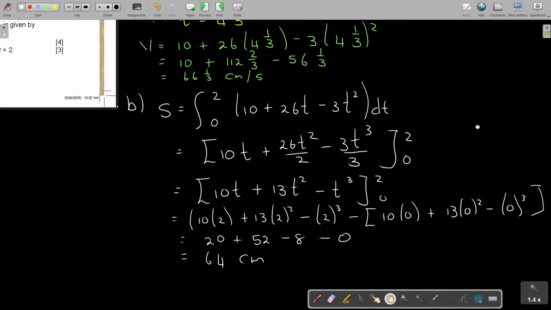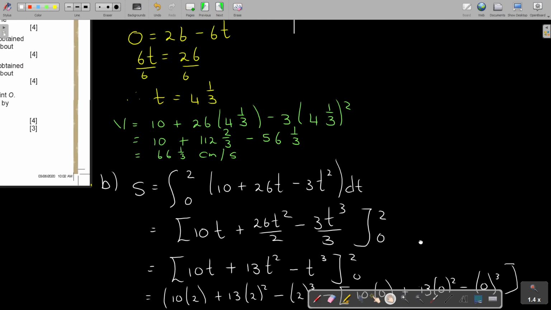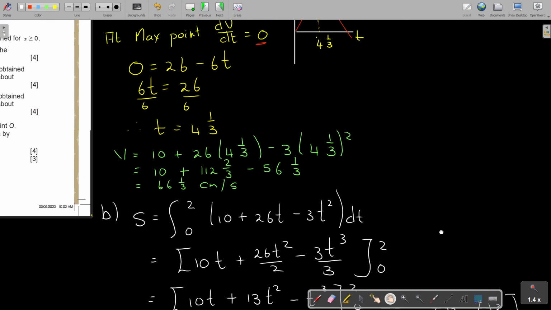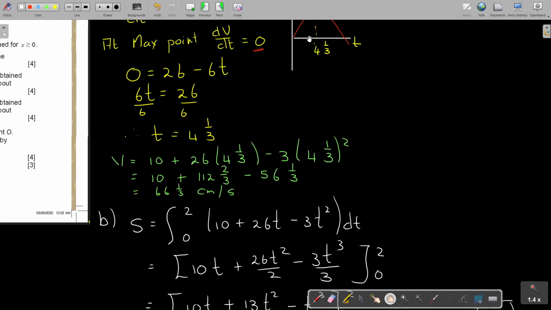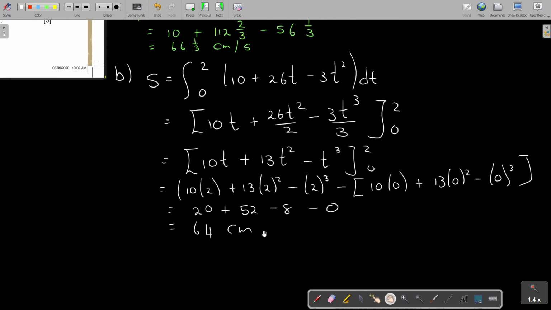And note it's the same as the area under the velocity time curve. So it's the same as the area, if that was under the time and the velocity curve. The area is always going to be this integration. And that's how you do it.